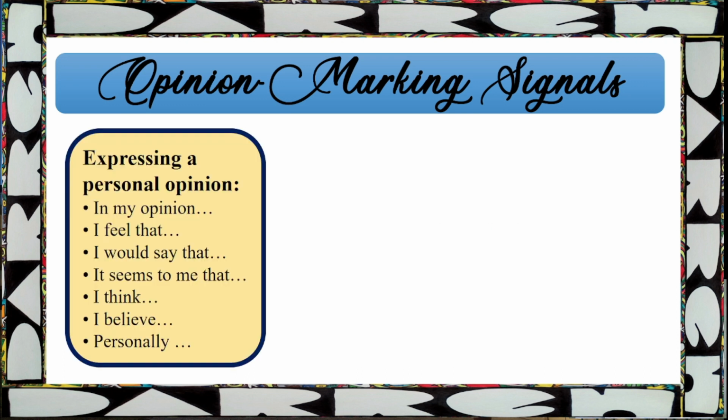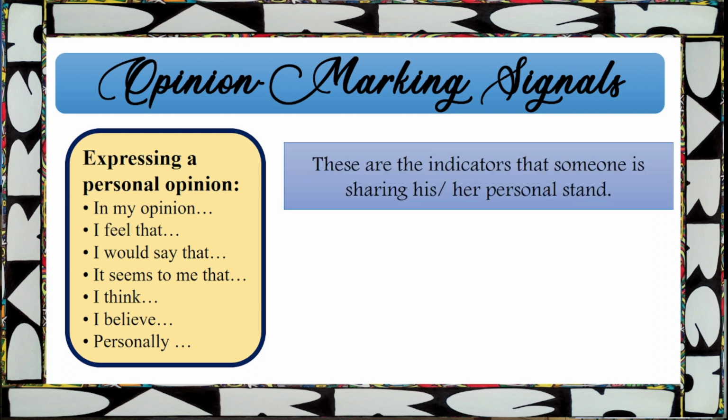Next, we have expressing a personal opinion. These are the indicators that someone is sharing his or her personal stand on certain issues. The key term here is personal. We could use: in my opinion, I feel that, I would say that, it seems to me that, I think, I believe, and personally.